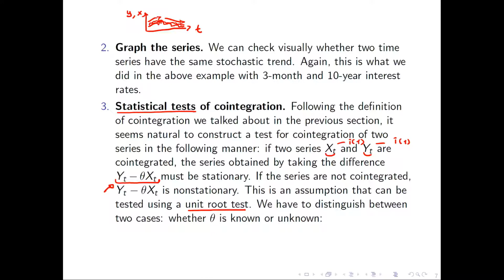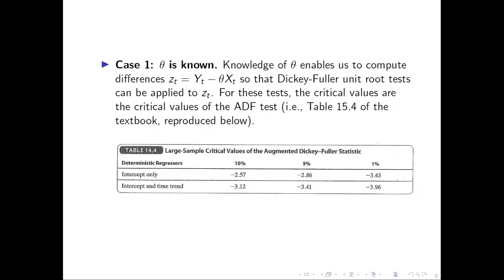And in this case, we have two cases, and that is whether this scaling parameter is known or unknown. The first case is if this scaling parameter theta is known. For example, in our case with the 10-year interest rate, which is one variable, and the 3-month interest rate, which is another variable.